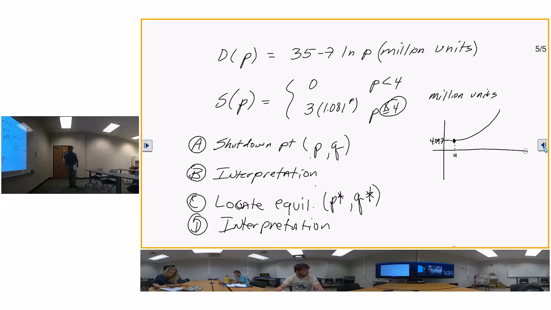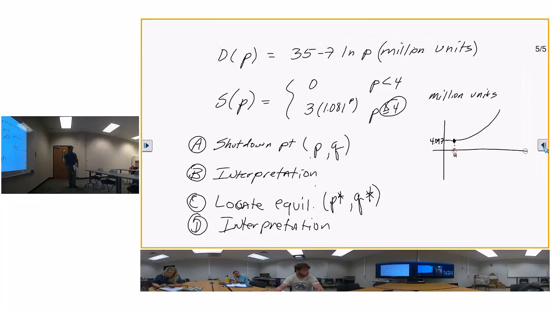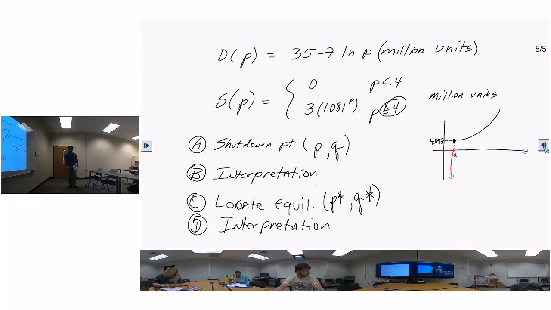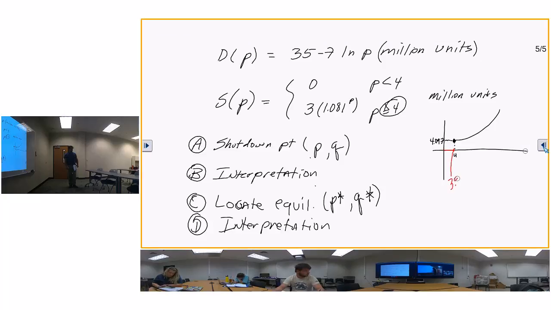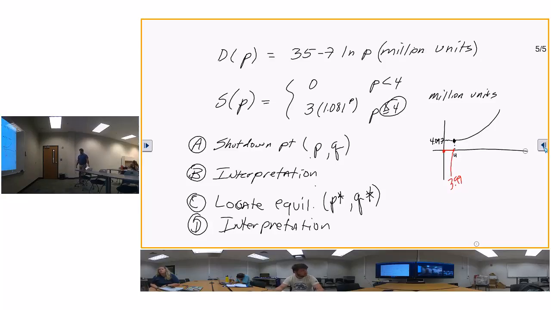That means from here back, 3.99 to 0, the producer is not going to produce anything at the price of $3.99 or whatever.